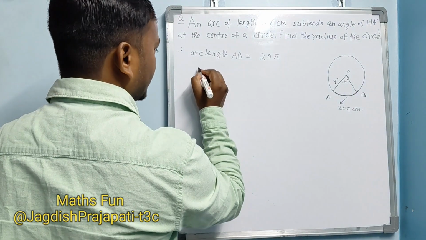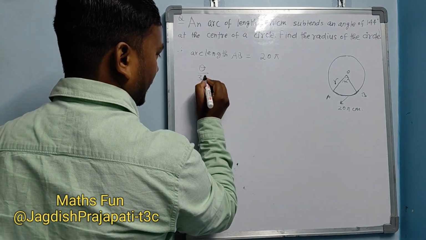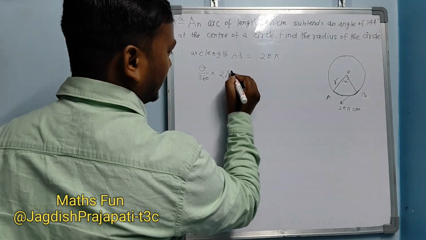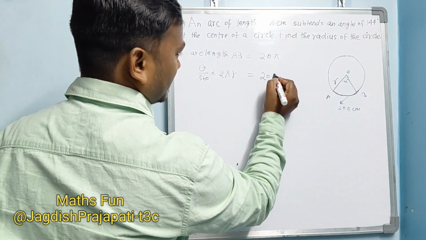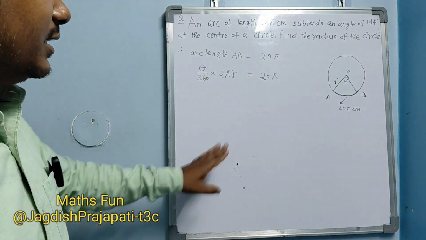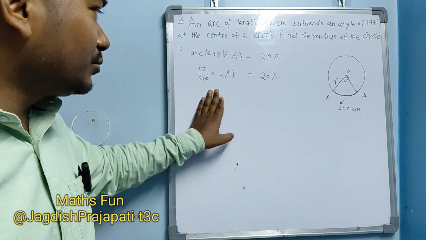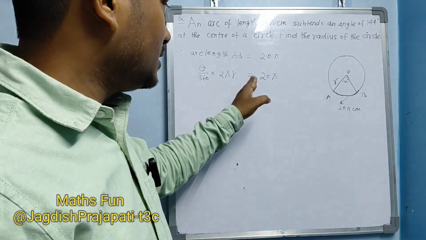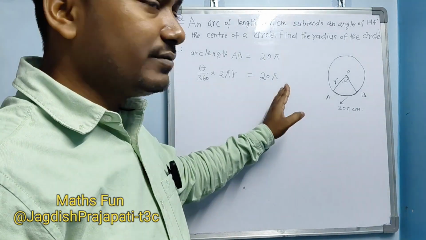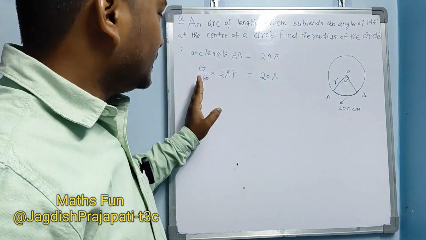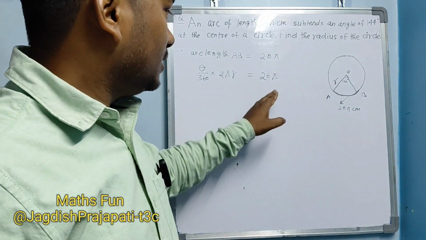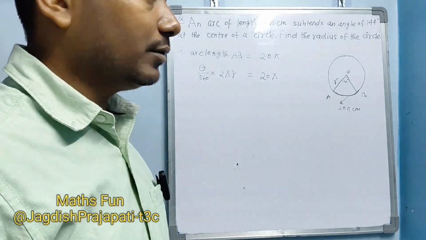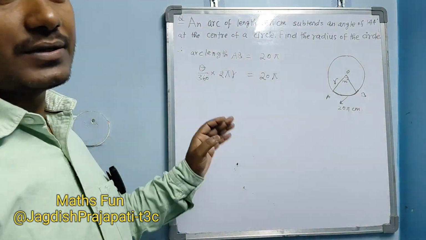Now this arc length AB is theta by 360 into 2 pi r. Since this is the same quantity, therefore we can put an equal sign here. So these two quantities will be equal. Always we have to write a relation like this so that we can solve the equation for the unknown.